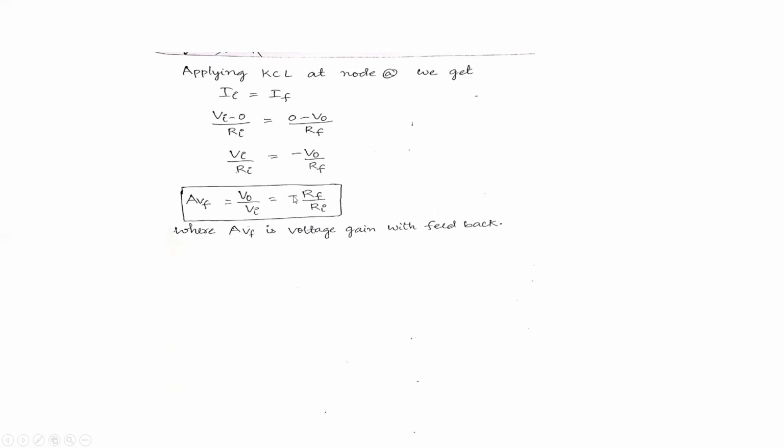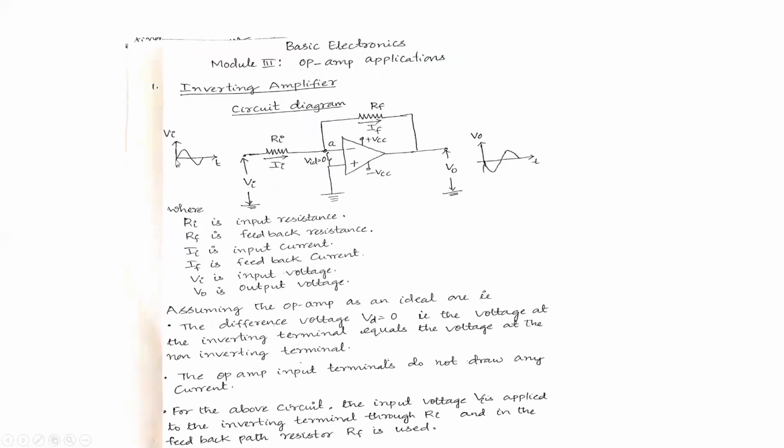Here, this minus sign represents that there exists a phase difference between the input voltage and the output voltage, and the phase difference will be 180 degrees. Because of that reason, this circuit diagram is called the inverting amplifier circuit.